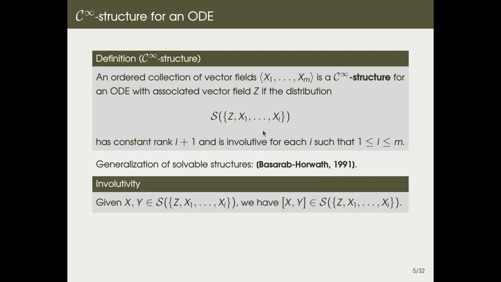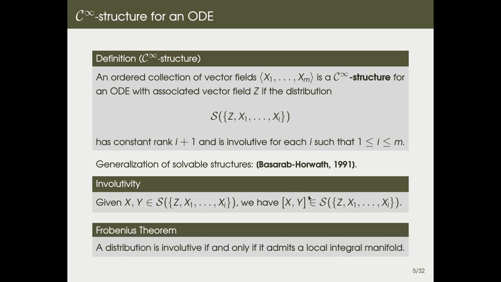Remember that involutive means that the Lie bracket of any two vector fields in the collection is again inside the collection, and that Frobenius theorem, of course, states that involutivity implies the existence of integral manifolds.